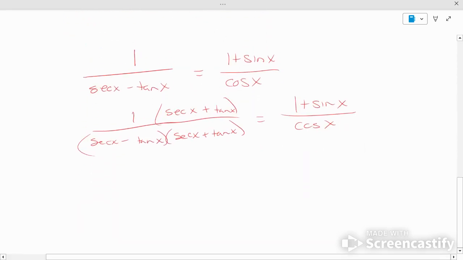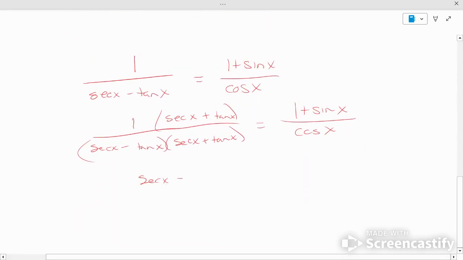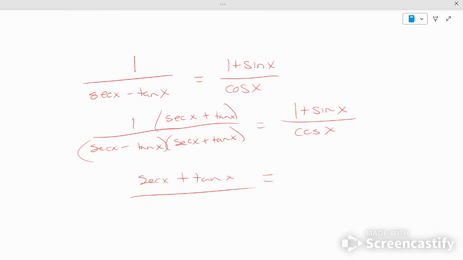So in my numerator here, I have secant of x plus tangent of x. My denominator, what am I going to have? Secant times secant is secant squared of x. Outers and inners are going to cancel. Tangent times tangent is tangent squared of x.